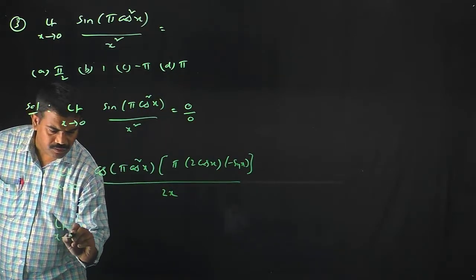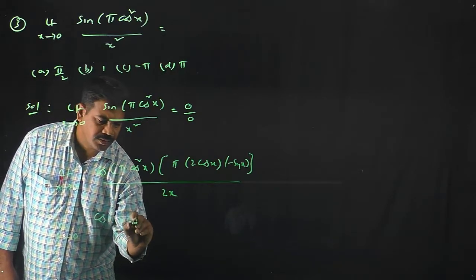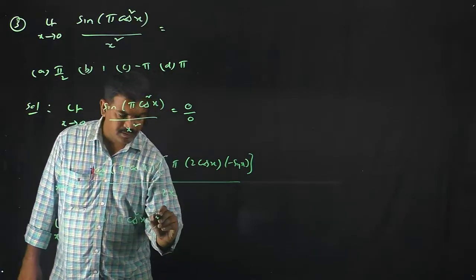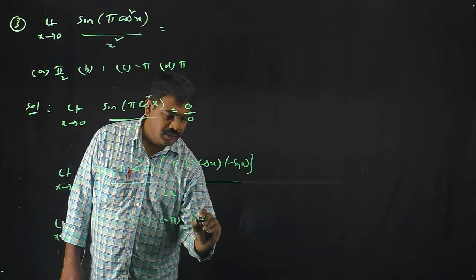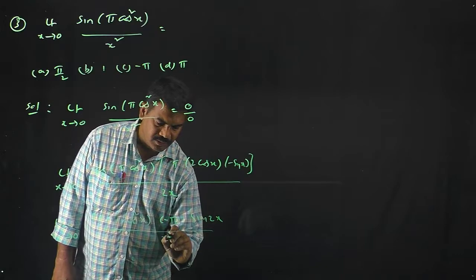Limit x tends to 0, cos of pi cos square x into minus pi into 2 sin x cos x, which is sin 2x by 2x.